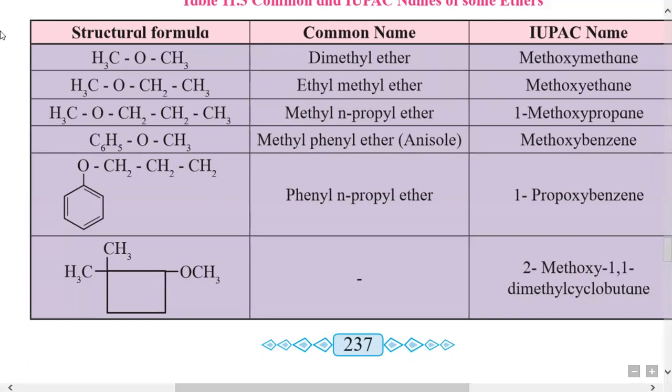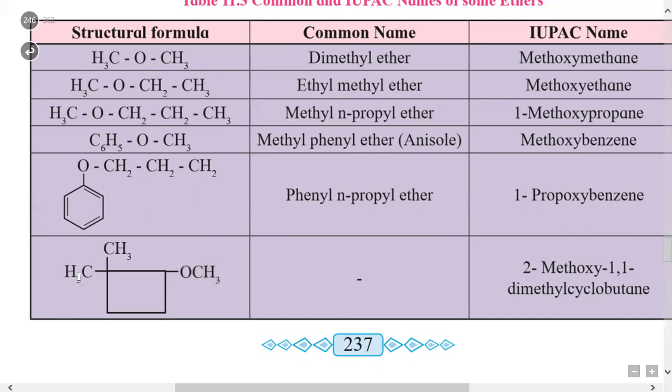Now, while giving the IUPAC name of this ether, the common name is not given. It is a complex structure. Here the methoxy group is the smallest alkyl group present. Here the cyclobutane ring is present.